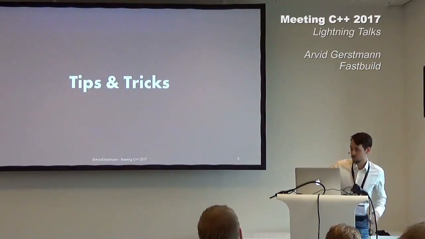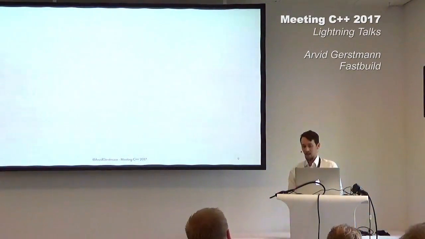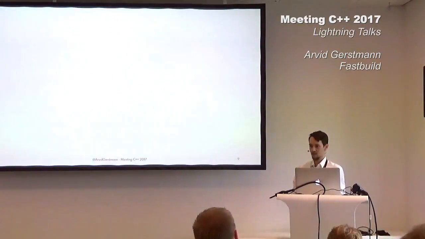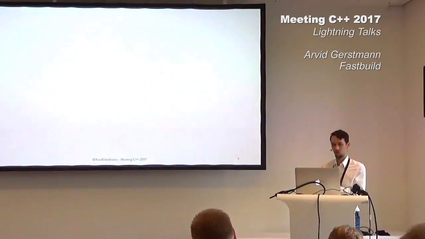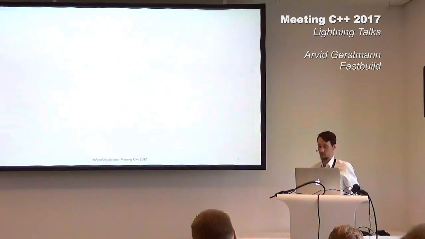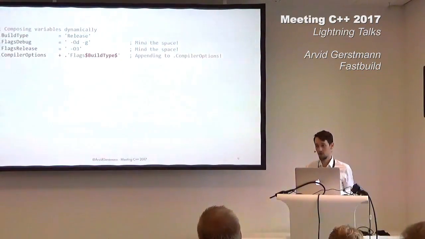And last but not least, I just want to go quickly over a few tips and tricks, because Fastbuild has a non-Turing complete DSL, which might not sound very powerful, but it is actually very powerful and easy to use, and it prevents you from writing an actual program in your build system, like you sometimes do in CMake. You don't have branching, you don't have an if.